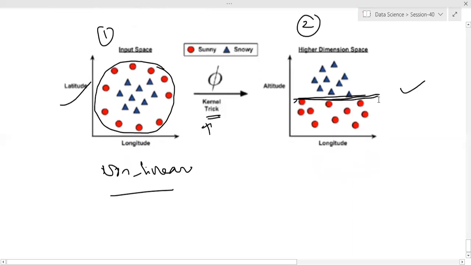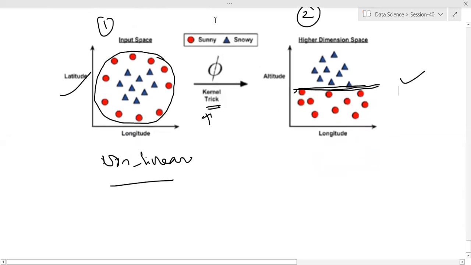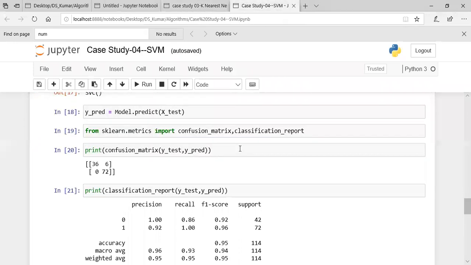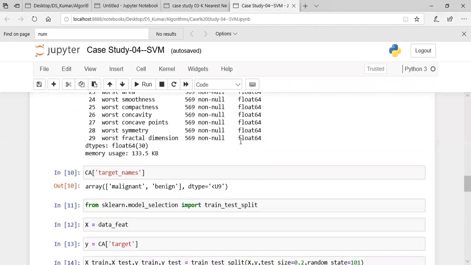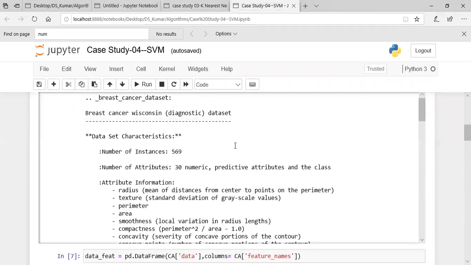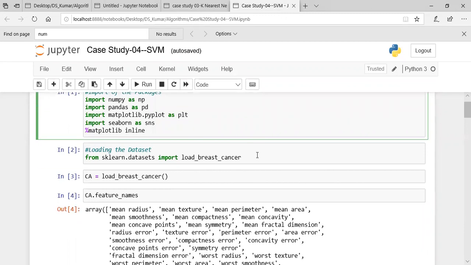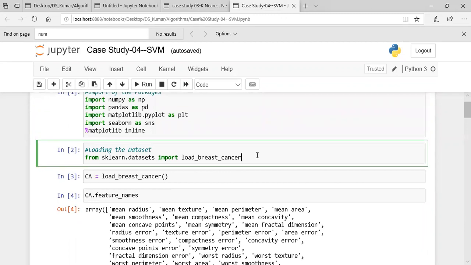Now, as usual, same kind of usage. Let me introduce what exactly our case study is in the case of SVM. Here we have taken a medical domain, friends. As usual, we are importing the packages NumPy, Pandas, Matplotlib, Seaborn, all these things. One important aspect: some data sets are already available in our sklearn package.